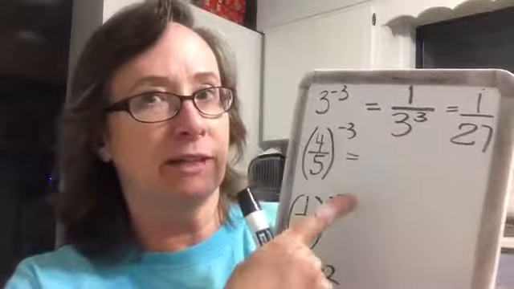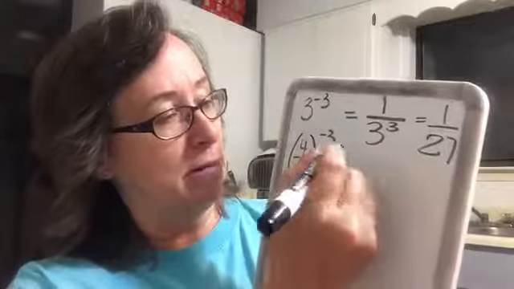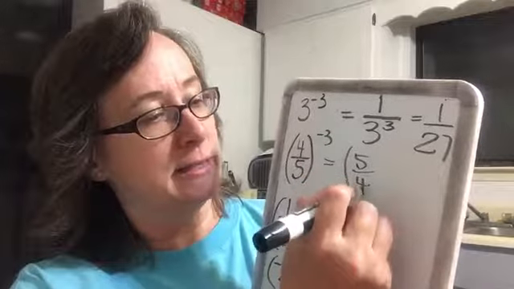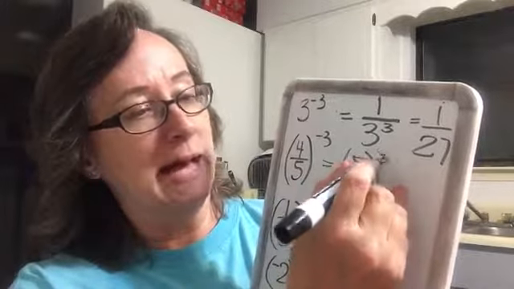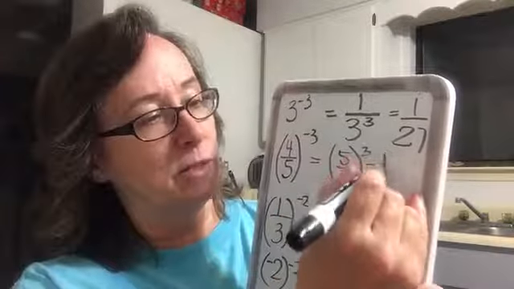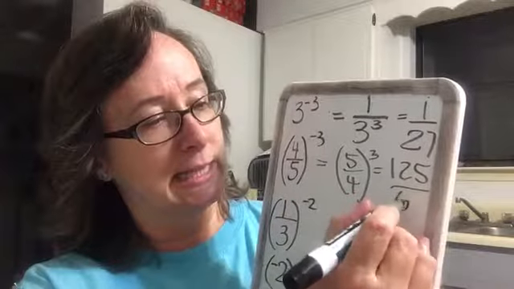Since this one's going to have to go down, this one's going to have to go up, I can turn them both over and get 5/4 to the positive 3. And that means I'm going to have 5 cubed, which is 125, over 4 cubed, which is 64.